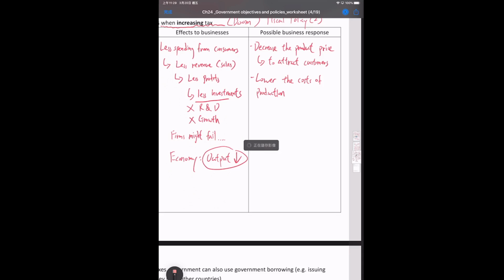Here there can be some examples, like firing some workers, or finding a cheaper supplier. But they do have their disadvantages.